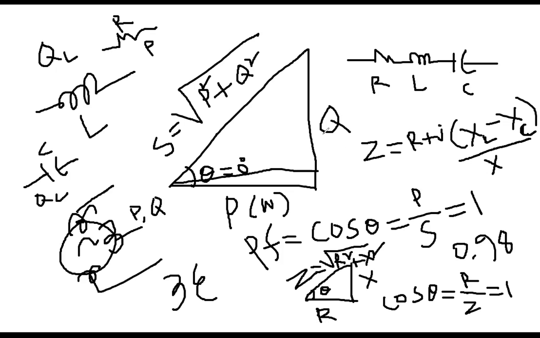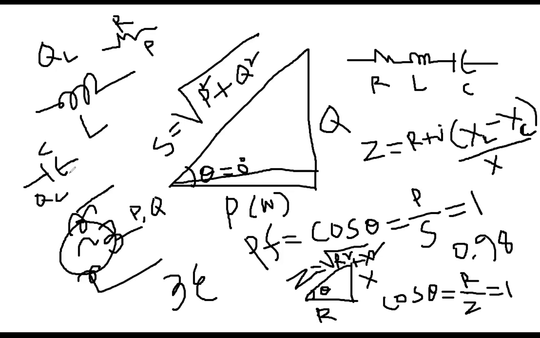So what we are discussing, what is the way to reduce the magnitude of Q? Only try to compensate or minimize, or if possible, fully nullify the effect of the L. So that's why the method to improve the power factor is the capacitor.